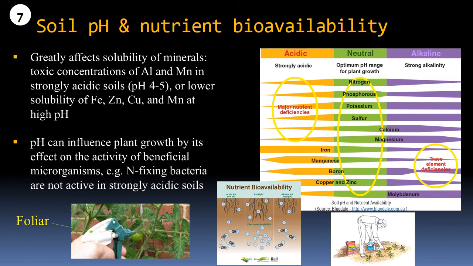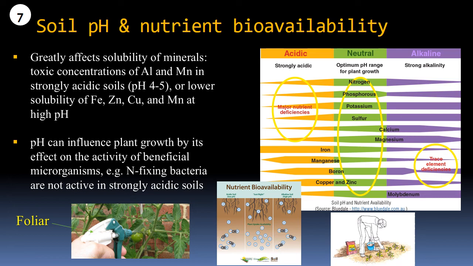So in general, if you remember from the previous lectures, we have macronutrients and micronutrients, and the macronutrients, like NPK, nitrogen, phosphorus and potassium, are needed in larger amounts for plant growth. The micronutrients are needed in small amounts.